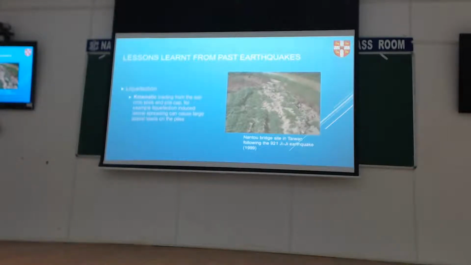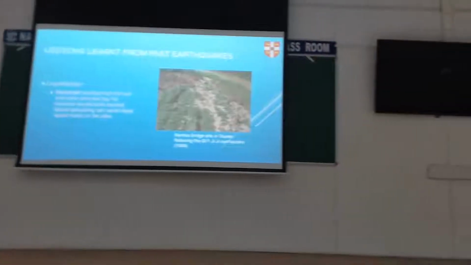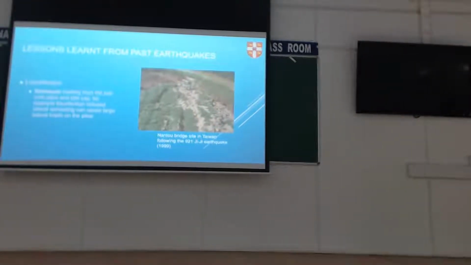Perfect conditions for liquefaction. And once the ground shakes, you can get the soil to move horizontally. And I've shown you other examples as well. The key thing here is that you can get extra kinematic loading because of the moving soil.